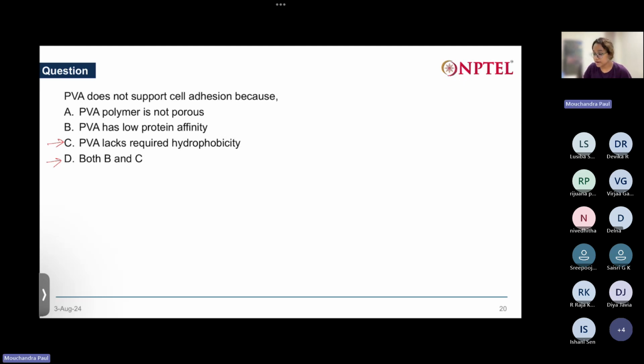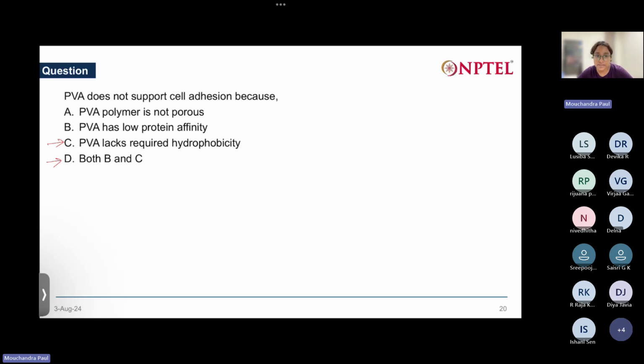Okay. So the correct answer here is actually option D, both B and C. I didn't go too far into surface properties of biomaterials, but briefly, I'll explain. I did explain last week as well, but here also I'll explain.